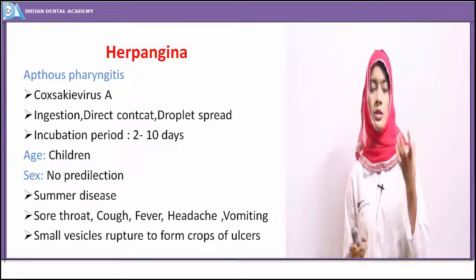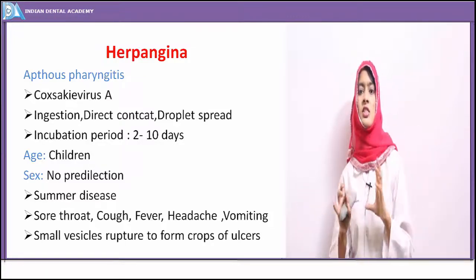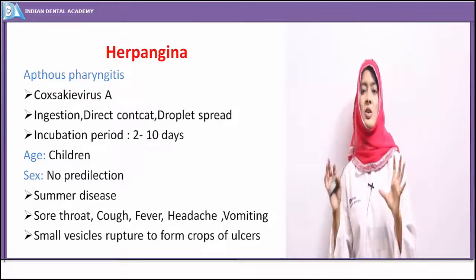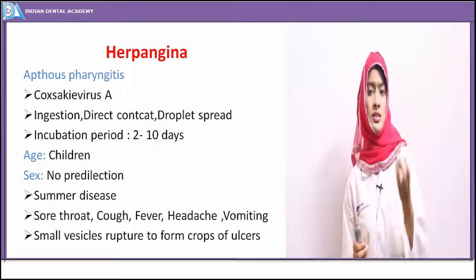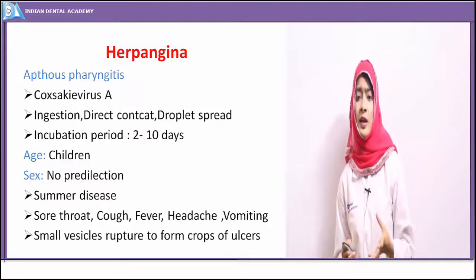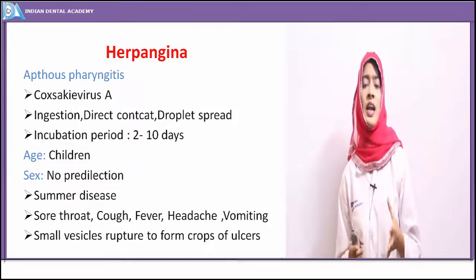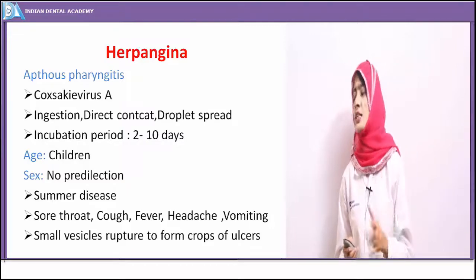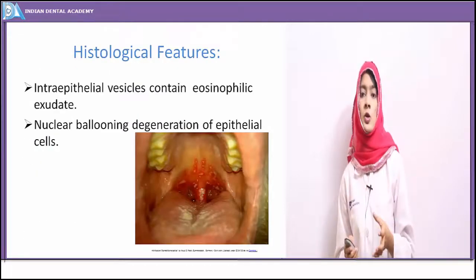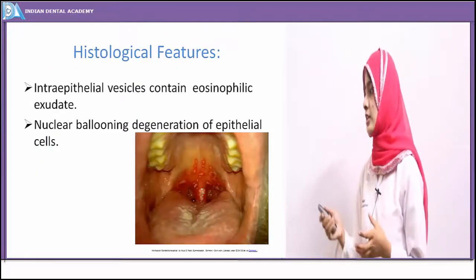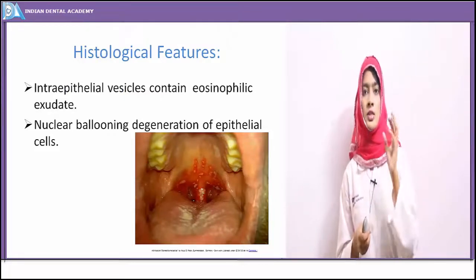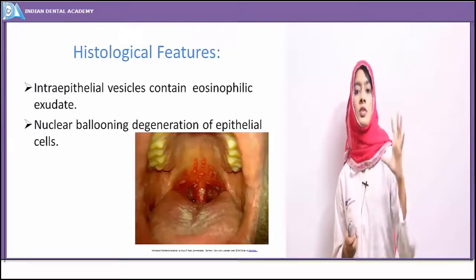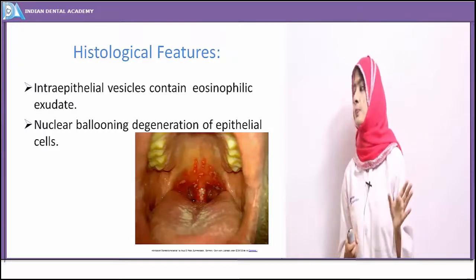Majorly, numerous vesicles are scattered on the pharyngeal wall. These vesicles are very painful in nature, so the patient will have difficulty in swallowing and speaking also. Here in the clinical picture you can see numerous small vesicles on the pharyngeal wall.